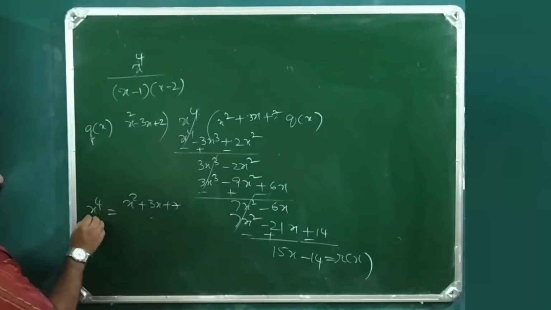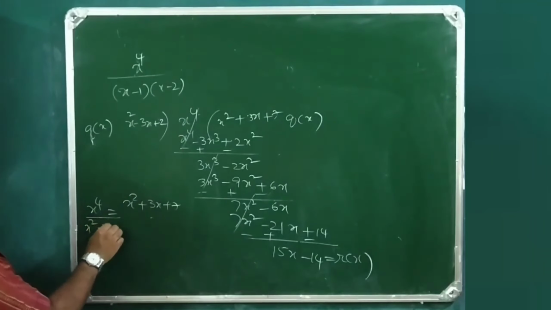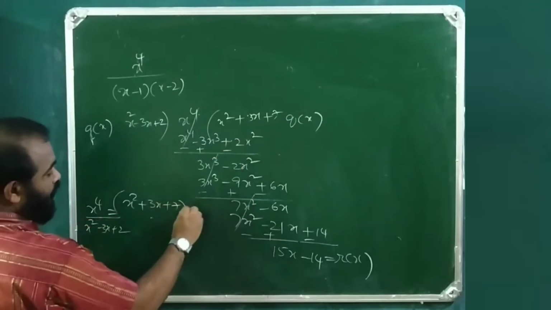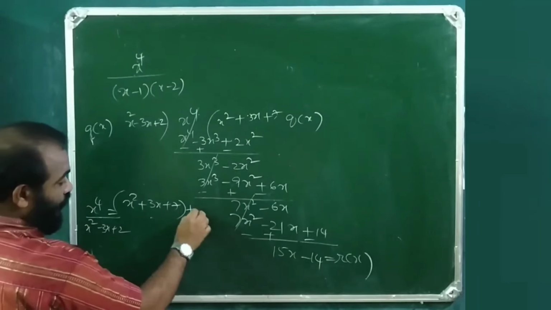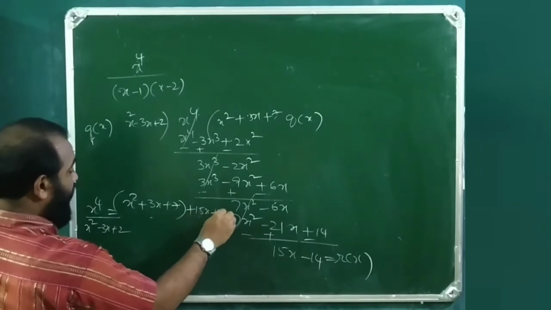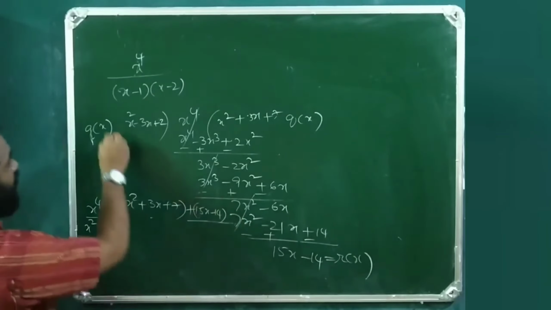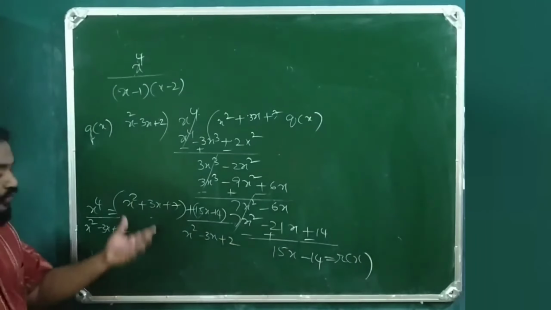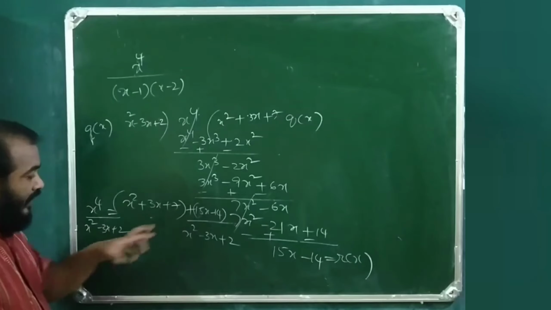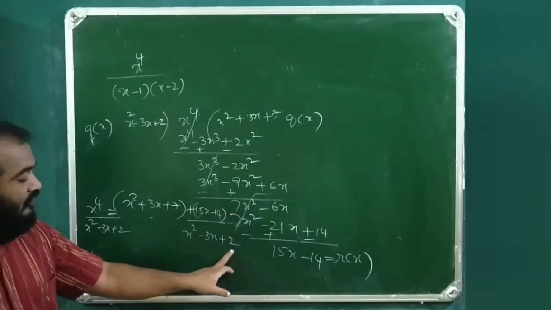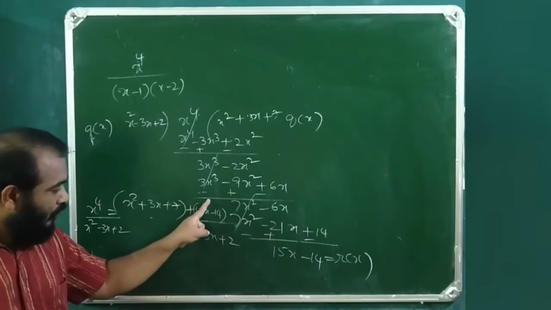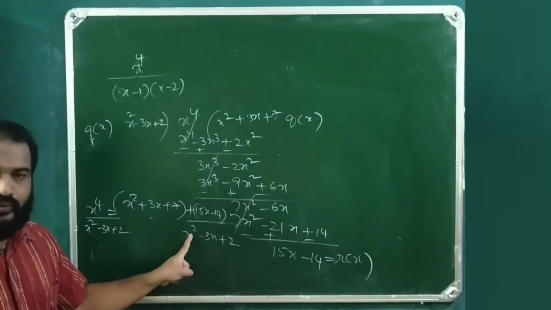So x power 4 by x square minus 3x plus 2 is equal to q plus r, which is 15x minus 14 by x square minus 3x plus 2. We keep q apart, and 15x minus 14 by x square minus 3x plus 2 is a proper fraction, with the degree of the numerator 1 and the degree of the denominator 2.